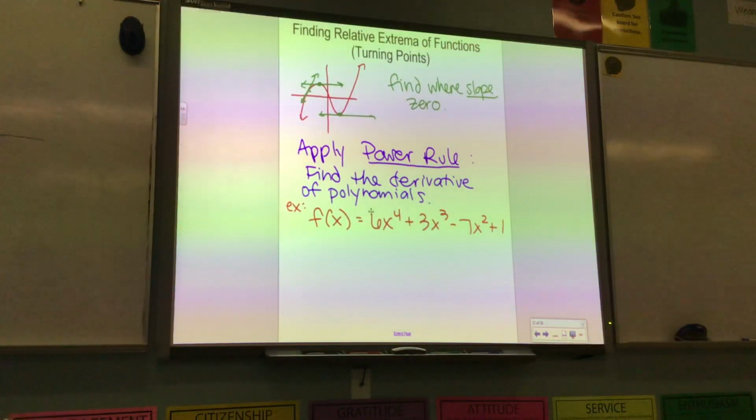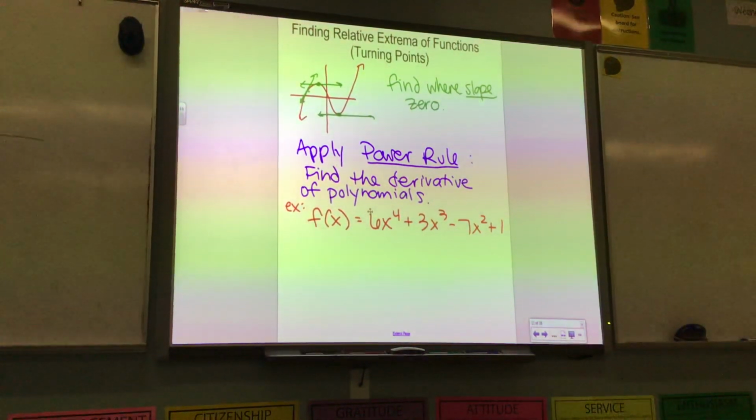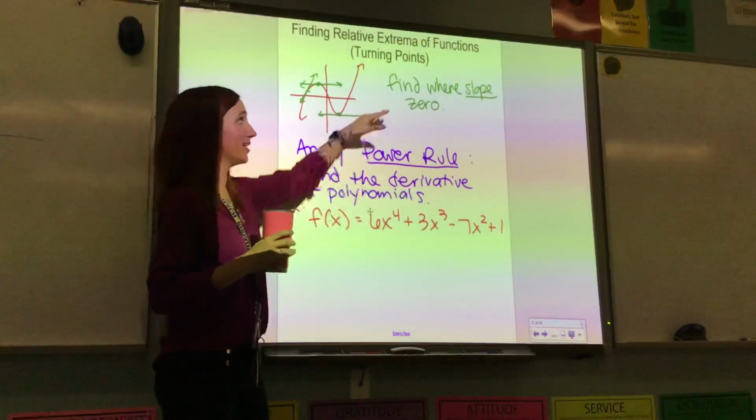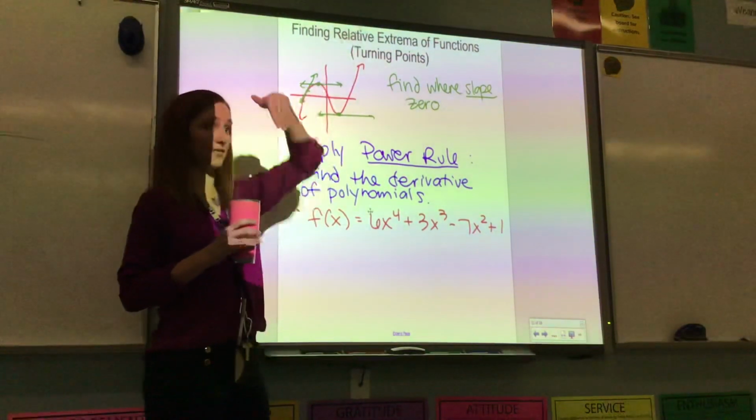What's a derivative? It is how you, in calculus, find the slope of something. You find the derivative of it, and then it calculates your slope anywhere you want it. It's the real watered down version of it. And since we want to find where the slope is 0, if we can find the derivative, what we're going to end up doing is setting it equal to 0 and do what we did last class again.